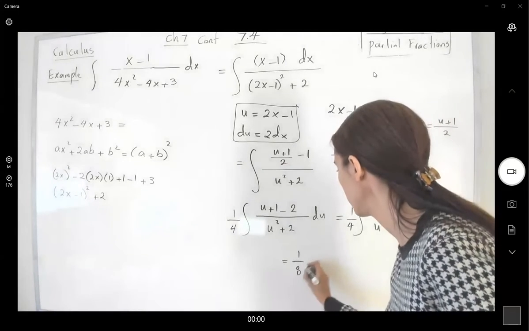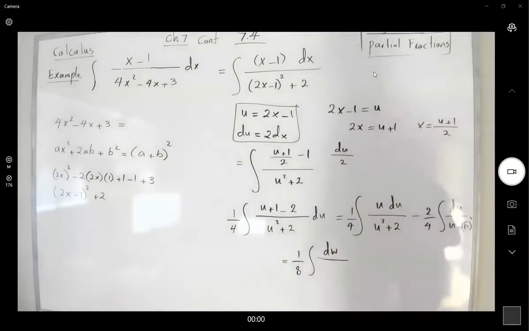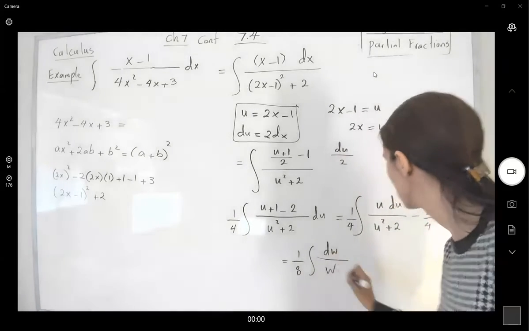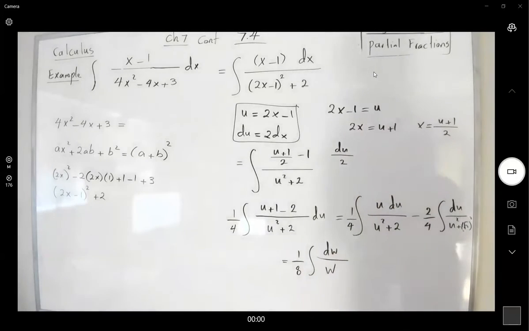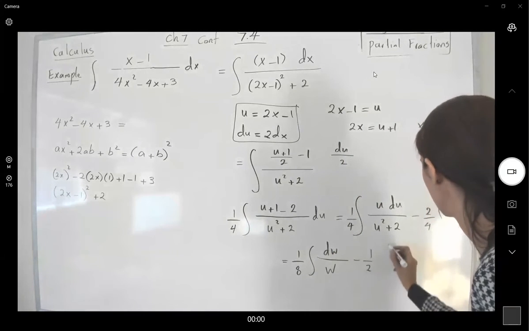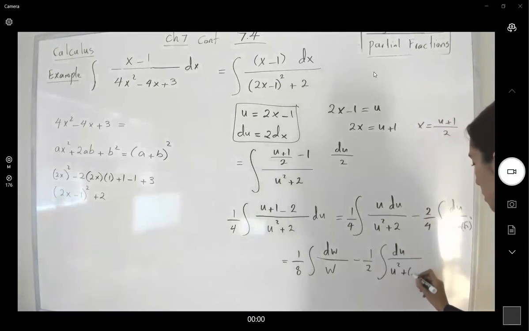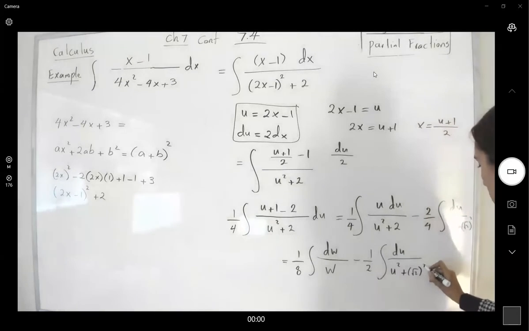This is 1 over 8, the integral of, for example, a new variable w, or just substitution, and negative a half integral of du over u squared plus square root of 2 squared.